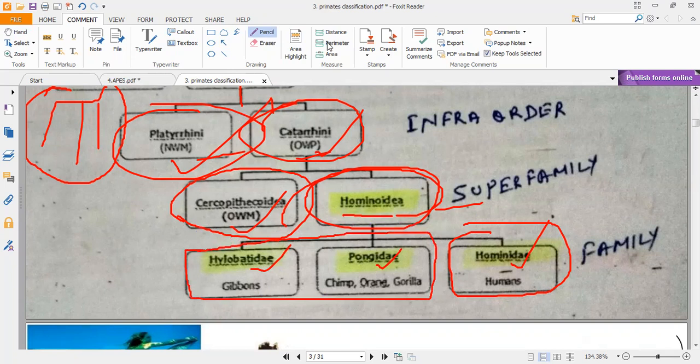In this class we are going to discuss the physical features and behavioral features of gibbons, chimpanzee, orangutan and gorilla.